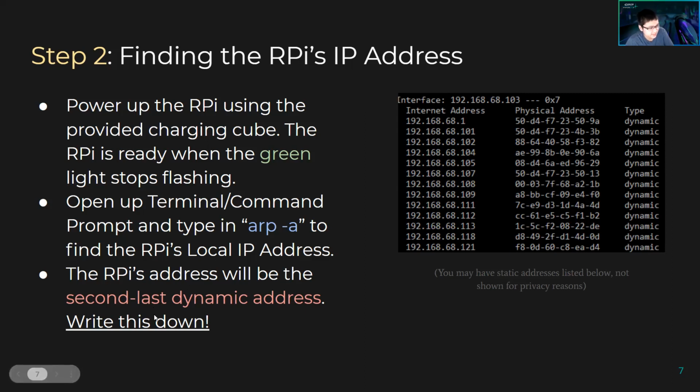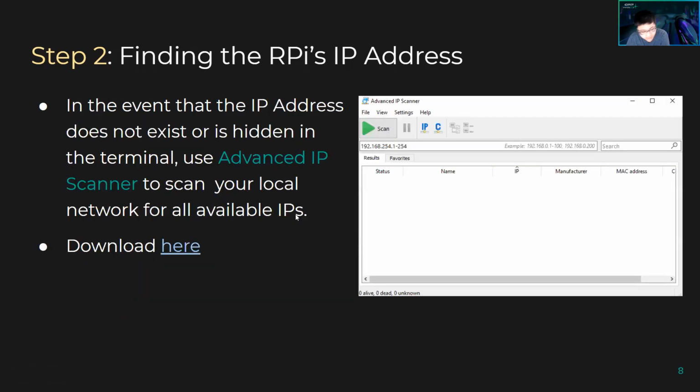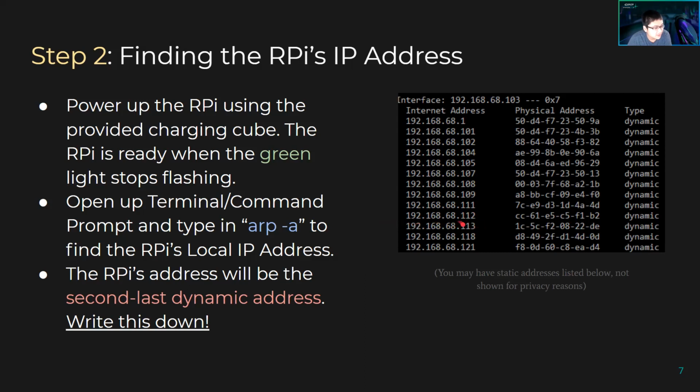Now, why is this? Usually the last 3 digits of these addresses are for the port. Let me just go back and check here. Okay, I have my cursor now. So the last 3 digits are ports. Usually you have from port 1 to port 254.